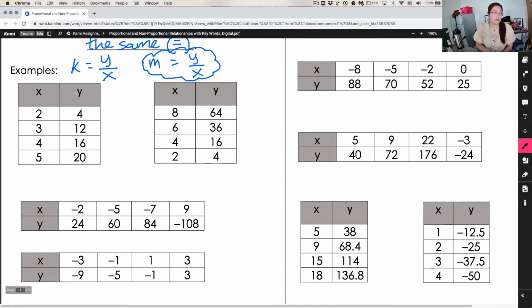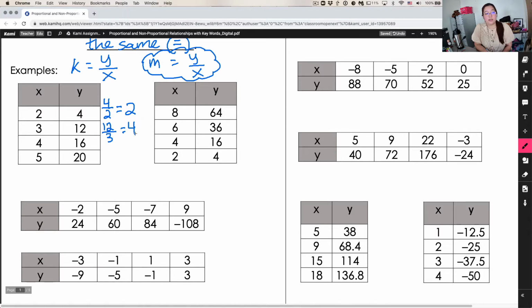So let's take this here. It has to be y over x. This is our y column, this is our x column. For the first point, we do 4 divided by 2, which is 2. Let's do the next point: 12 divided by 3, which is 4.